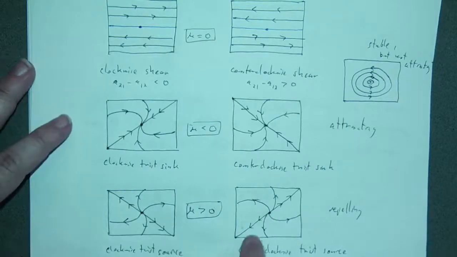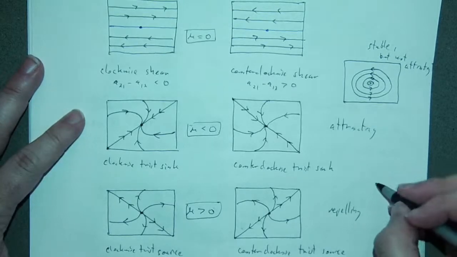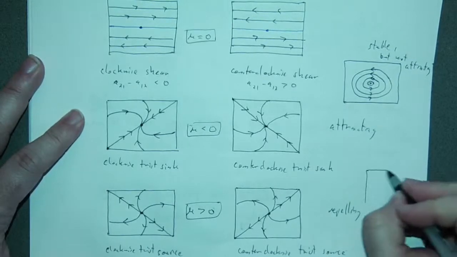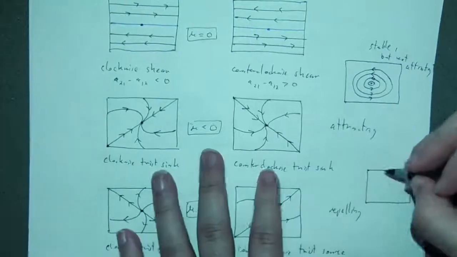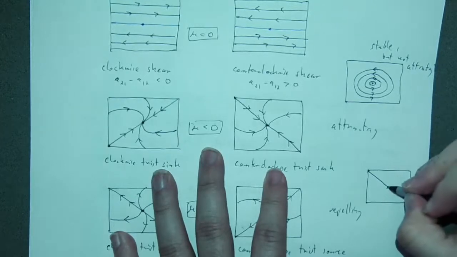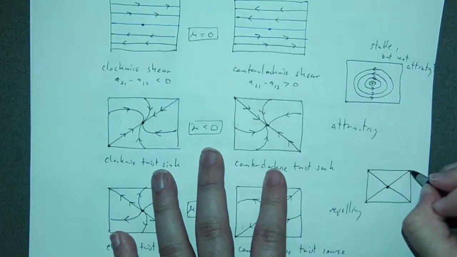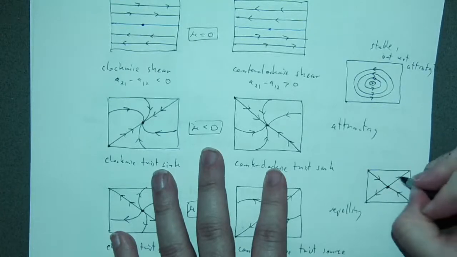All right. So then what about something that's unstable but not repelling? Well, here's an example. What if I have a saddle? So here's my origin. And I have a saddle where it's going towards it along one direction and away from it along the other.